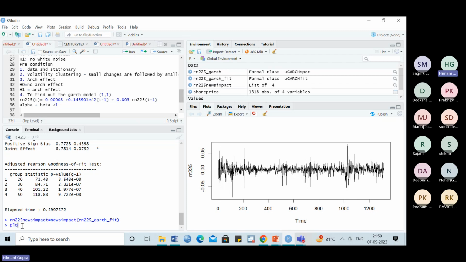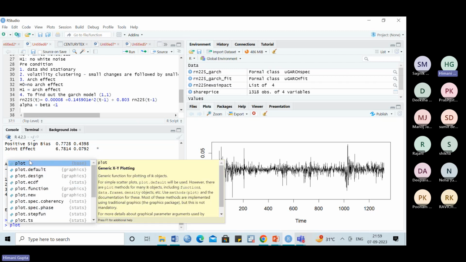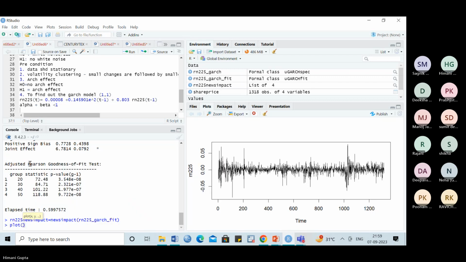Now I am going to plot it. Plot RN225 news impact $sign ZX comma RN225 news impact $sign ZY.